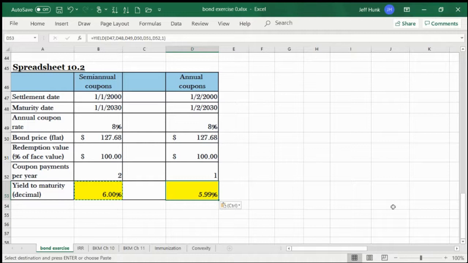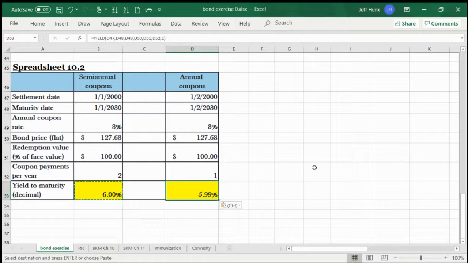You might say one is 0.01%, so it's not a big deal. No, if you have, like, $10 billion in bonds, 1% of 10 billion is what? 100 million, right? And 0.1% is 10 million. 0.01% is still 1 million, right?